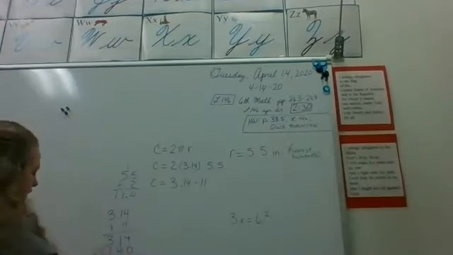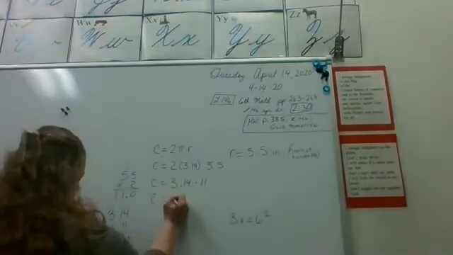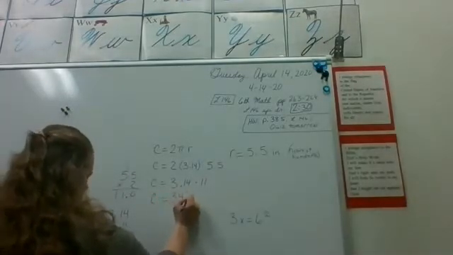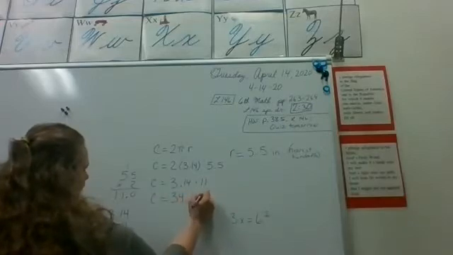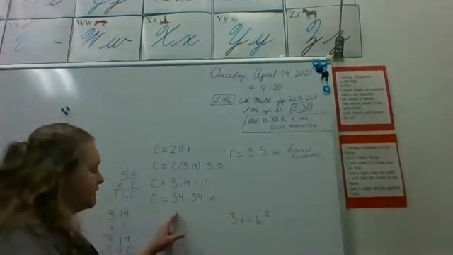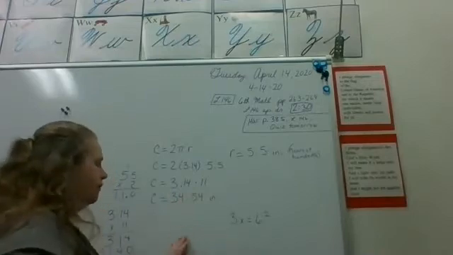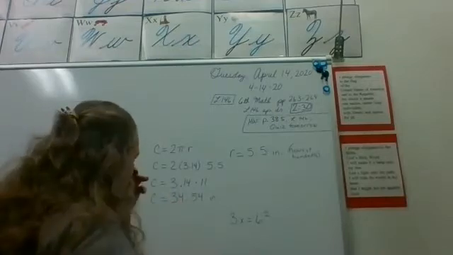We had 2, right? Because we only had 2 of them in the 3.14, the pi. Okay, so C equals 34.54 inches, okay? Now notice I did not put squared because circumference is like perimeter and we don't square it. We only square with area, okay?